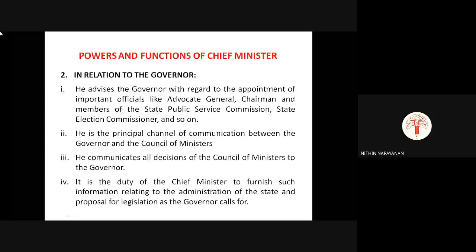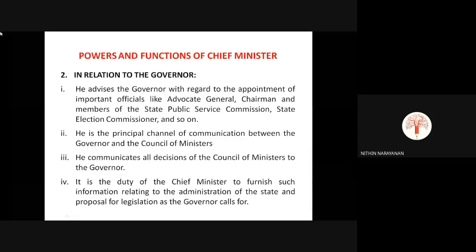He is the principal channel of communication between the governor and the Council of Ministers. The Chief Minister is actually a bridge between the Council of Ministers and the governor. He communicates all decisions of the Council of Ministers to the governor.